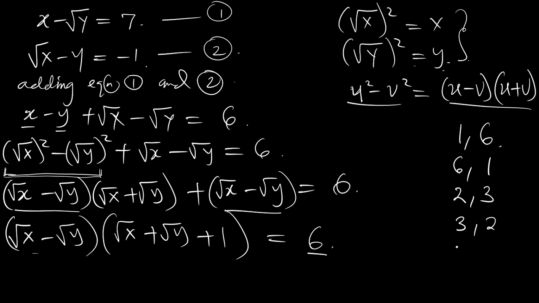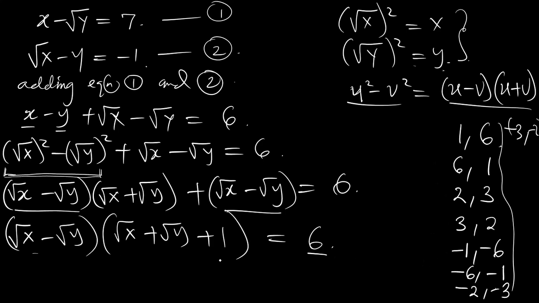You also have the negatives: minus 1 times minus 6 gives you 6, minus 6 times minus 1 gives you 6, minus 2 times minus 3 gives you 6, and minus 3 times minus 2. These are the factors you're going to use.